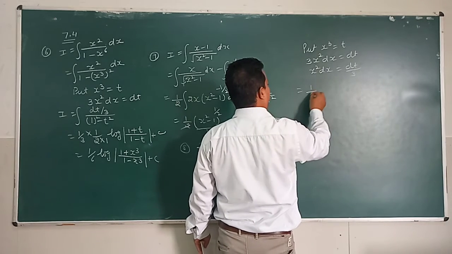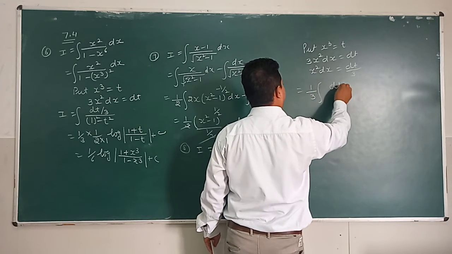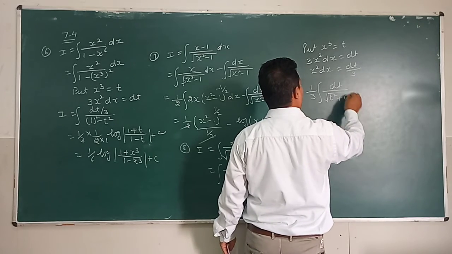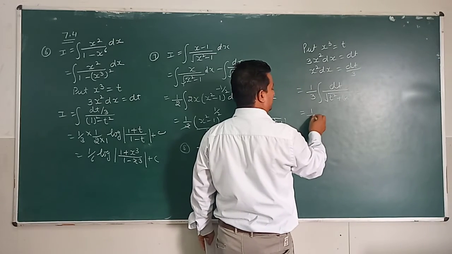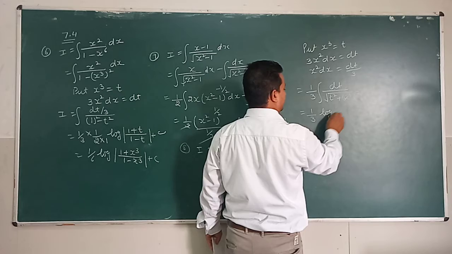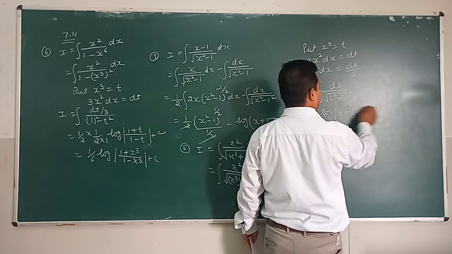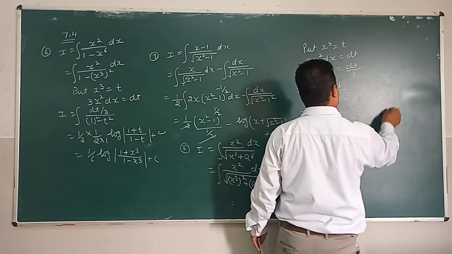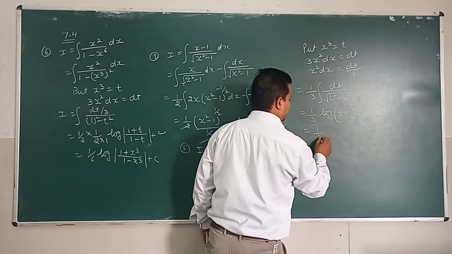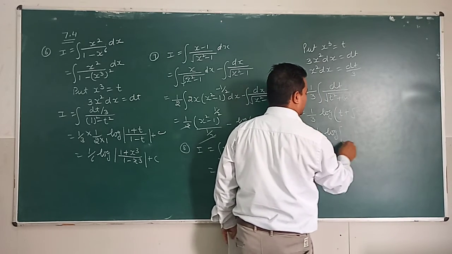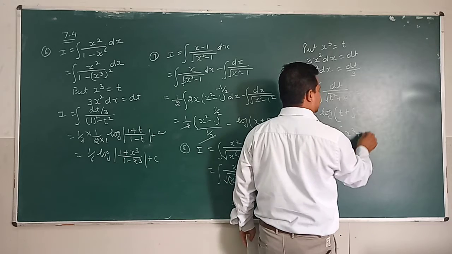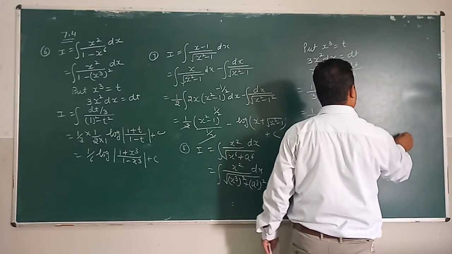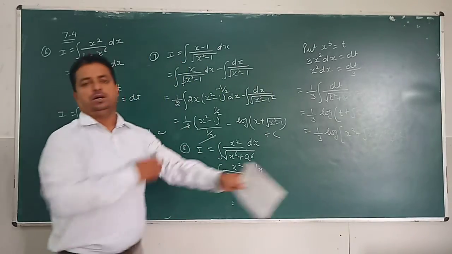So this is 1 upon 3 dt upon t square plus a cube square. This is the formula of log x plus square root of a square plus x square. Put value of t, which is x cube. So it's x cube plus square root of x6 plus a power 6. This is the answer.